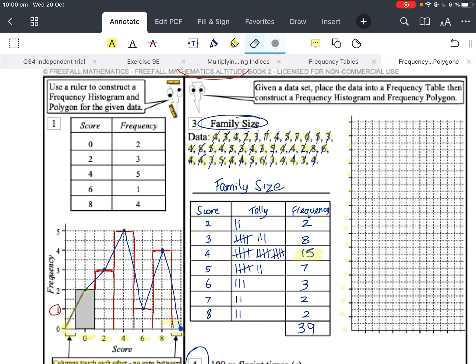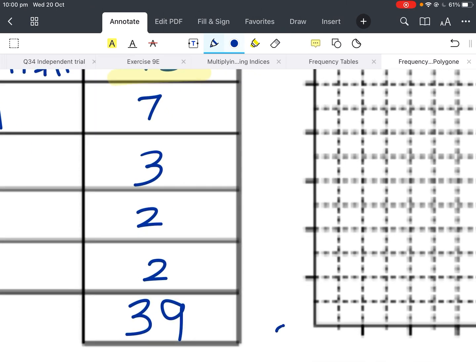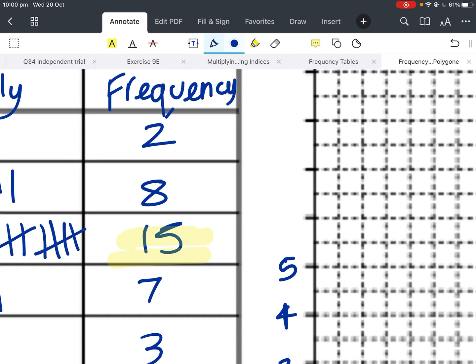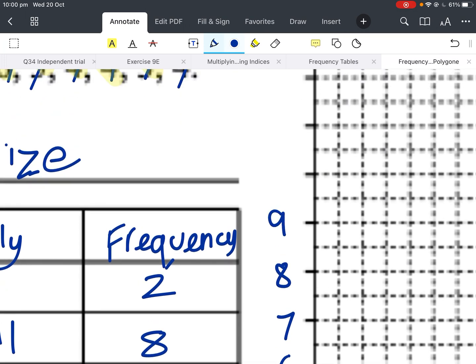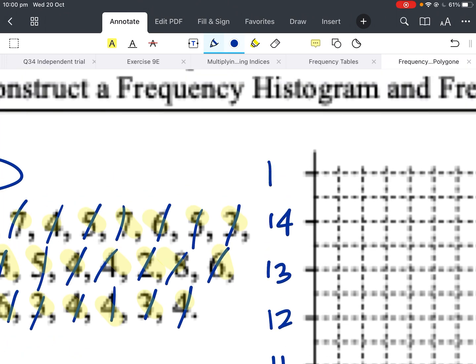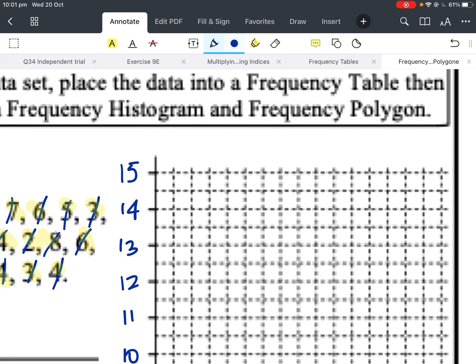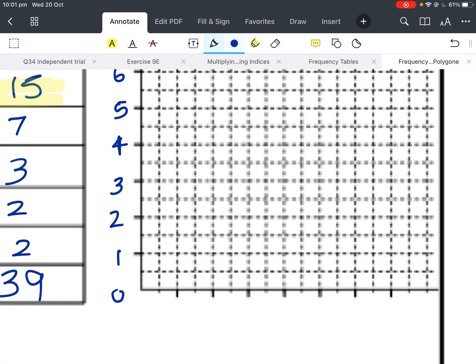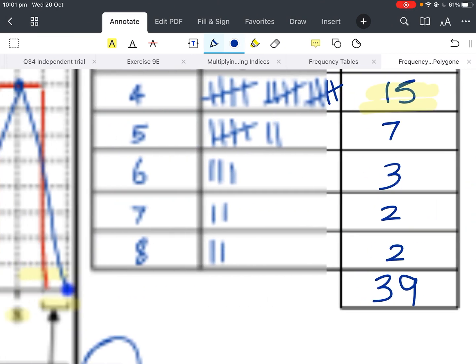All right, I'm going to write those in. So that's 0, 1, 2, 3, 4, 5, all the way up to 15. All right, so next, along the bottom, our first column needs to go there.